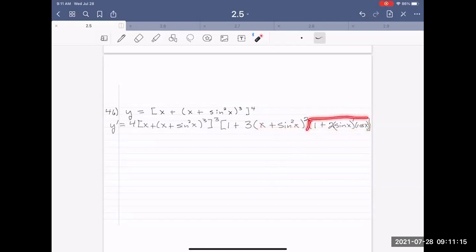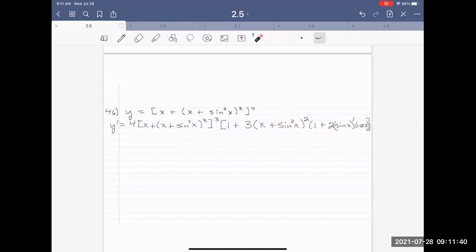So this thing here is the derivative of this inside. Well, the derivative of x is 1. Derivative of this, sine squared, well, again, you have an inside. And so this is sine of x to the power 2. So bring your exponent out in front.